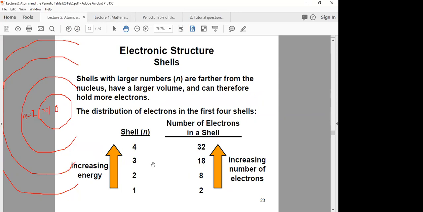Let's look at the distribution of electrons in the first four shells. Shell number 1, the smallest one, can only hold 2 electrons. Shell 2, 8. Shell 3, 18. Shell 4, 32. So we can see as the number of electrons increases, as we're moving further away from the nucleus of the atom, then the energy level of those electrons also increases.